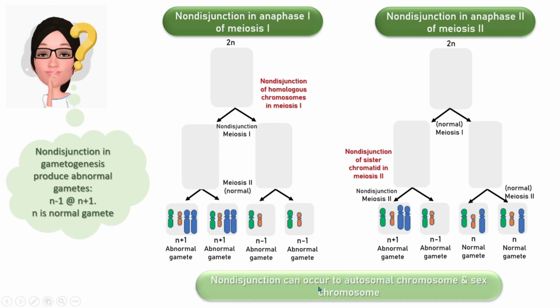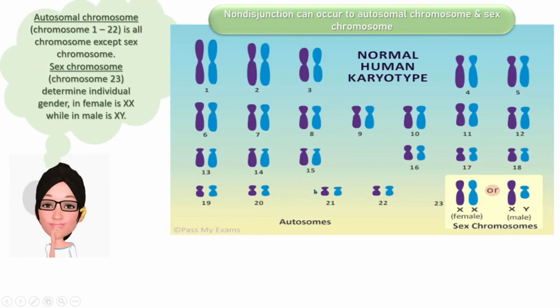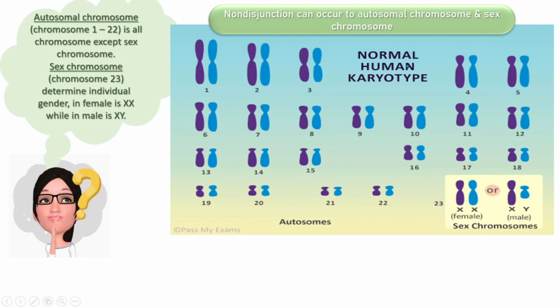Non-disjunction can also occur to autosomal chromosomes and sex chromosomes. What are autosomal chromosomes and sex chromosomes? This is a normal human karyotype, where a diploid human cell has 46 chromosomes or 23 pairs of chromosomes.